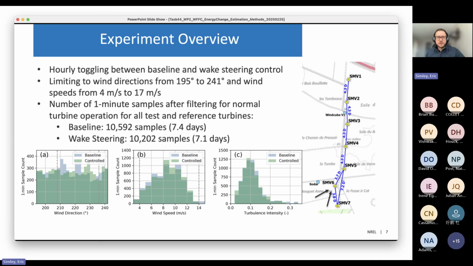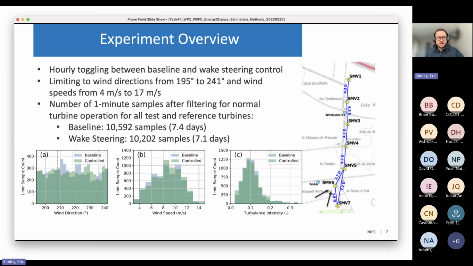If any turbines were derated, curtailed, or not operating for some reason, we removed that timestamp. So for each 1 minute sample, all of the test and reference turbines were operating normally. That resulted in about 10,000 1 minute samples during baseline control, and 10,000 during wake steering control.